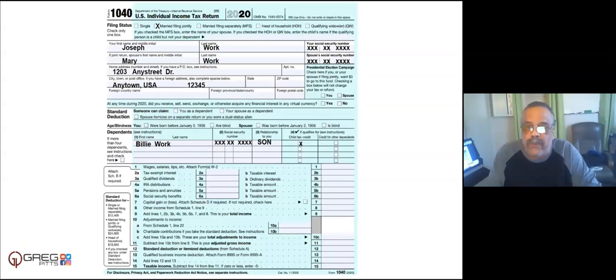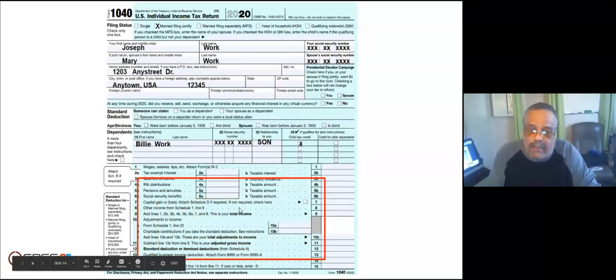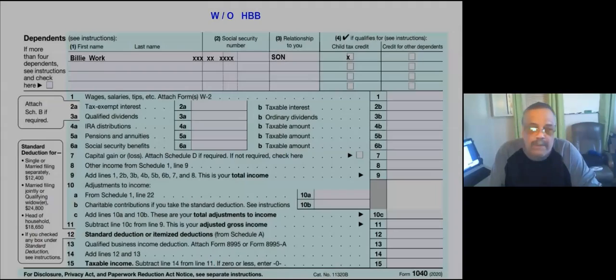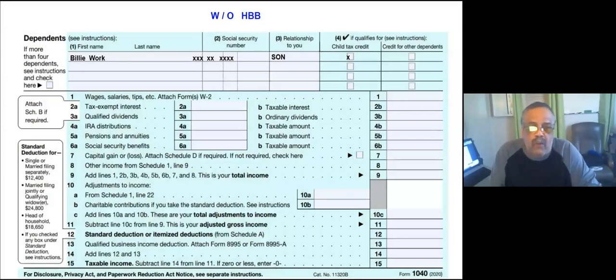First scenario, you fill out the top of the form just like normal, where you put your Social Security number in and your dependents. But we're going to really mainly be concerned about this lower portion, which is where you report your income on your 1040. Okay? So the person without a business, we're going to talk about someone without a home-based business first.